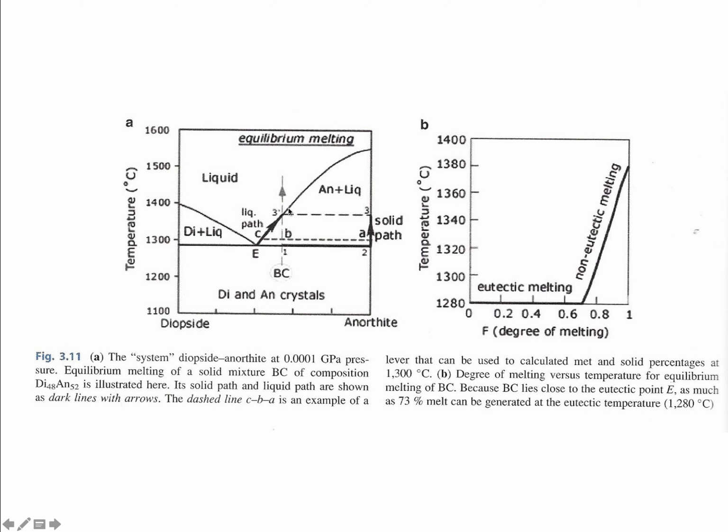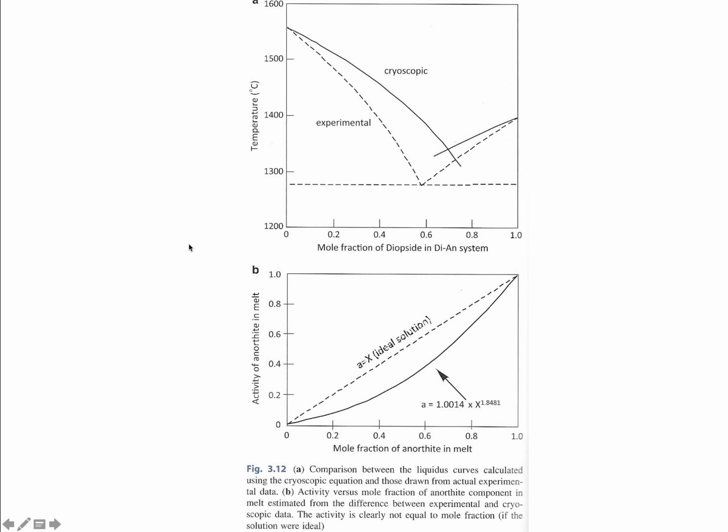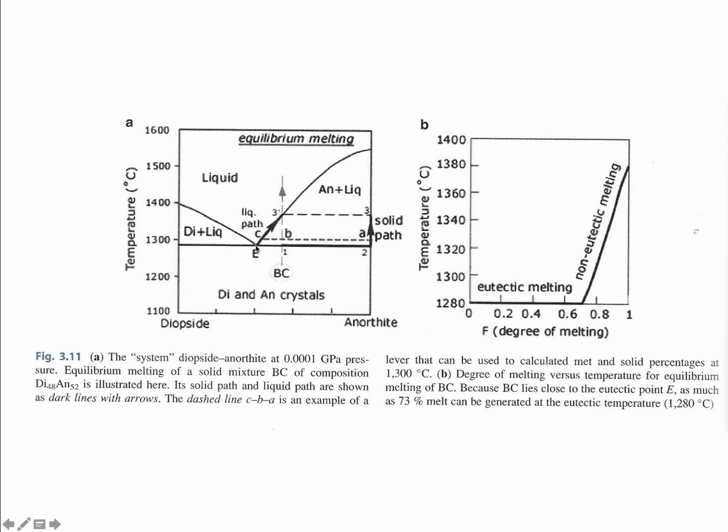We are going up from 1280, this line here, up to 1380. Where is my mouse? That is here. From here to here we have non-eutectic melting, and otherwise, exactly at this point, we have eutectic melting. We are keeping the temperature constant, and more solid becomes liquid.